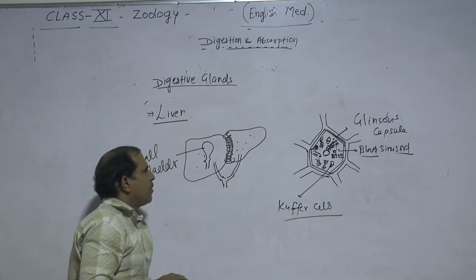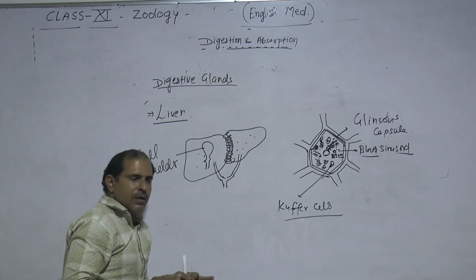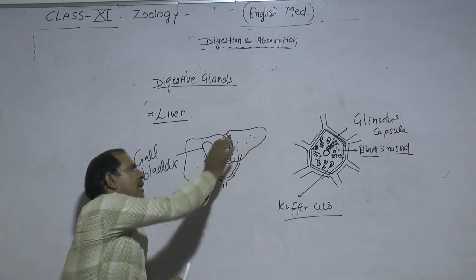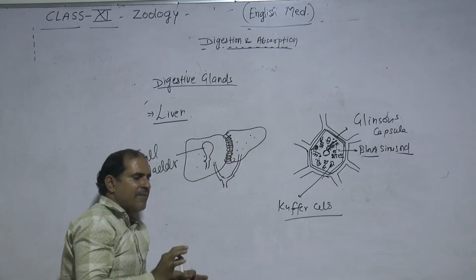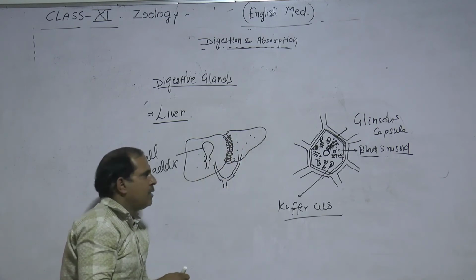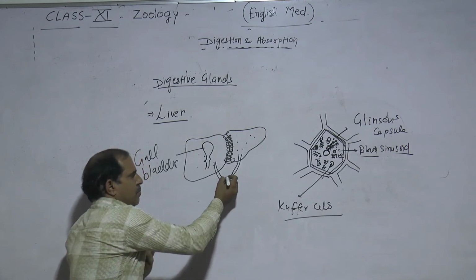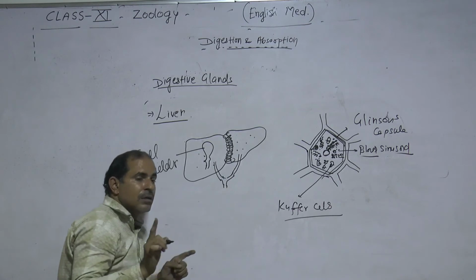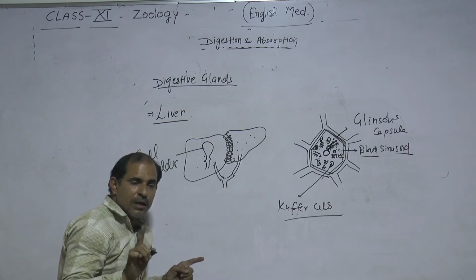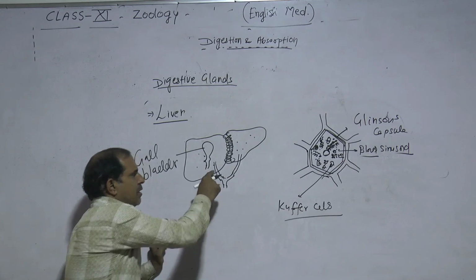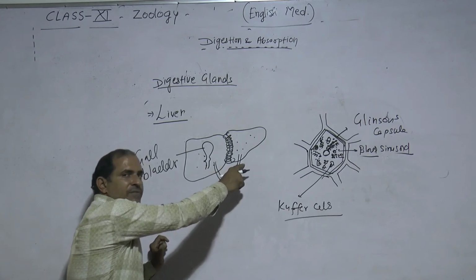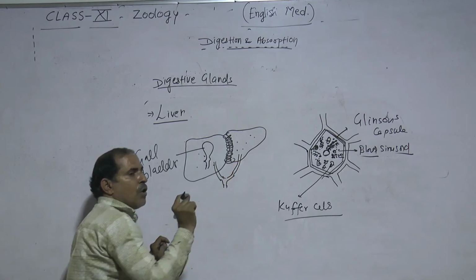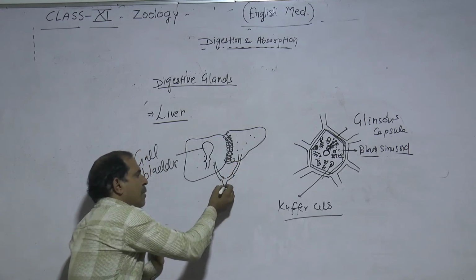It means from the right lobe, the right hepatic duct arises, and from the left hepatic lobe, the left hepatic duct arises. And both of these hepatic ducts are fused together to form a single or common hepatic duct.